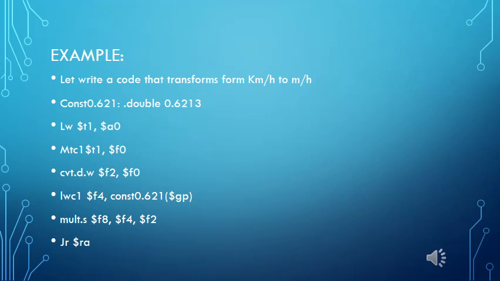Then we need to convert it from integer to double, and we will store it in F2. Then we will load our constant from the global pointer, and then we will multiply our constant with our argument, which is already in floating point form, and the result will be stored in F8.